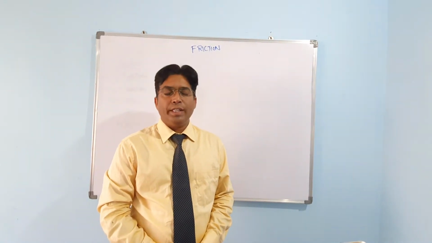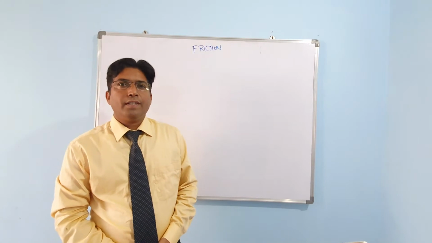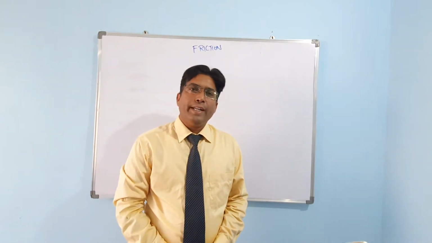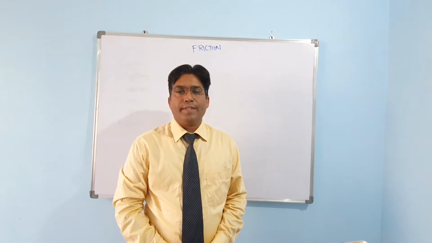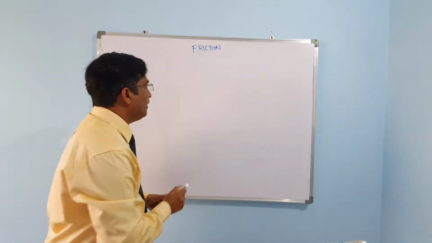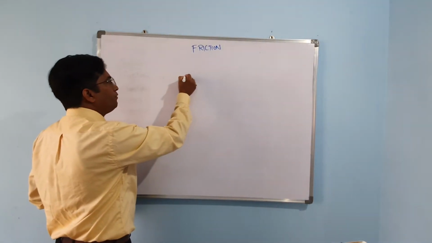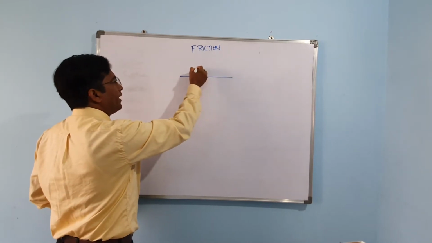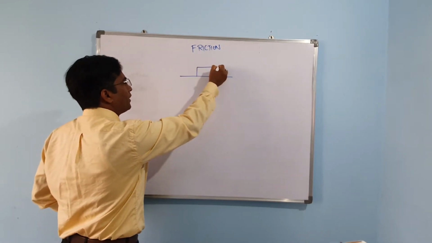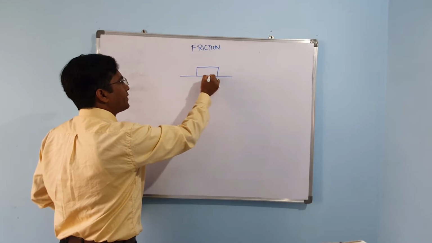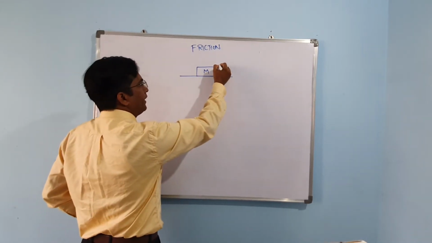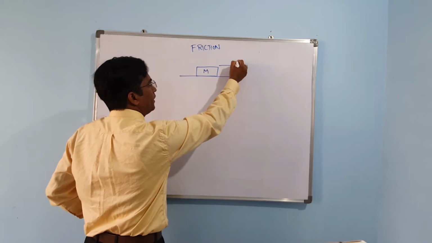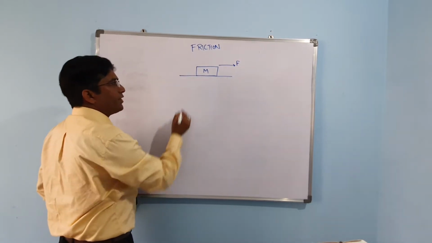Secondly, we have also learned that friction always opposes or tends to oppose the tendency of its motion over the surface. What does it mean? Suppose I have a block of mass m, and it is having an applied force in this direction.